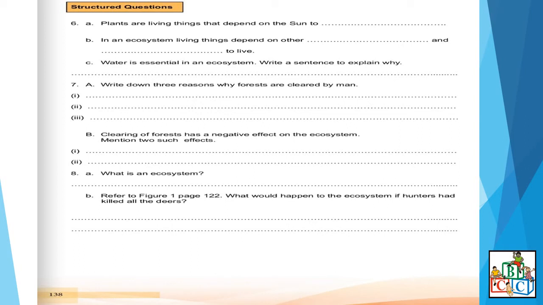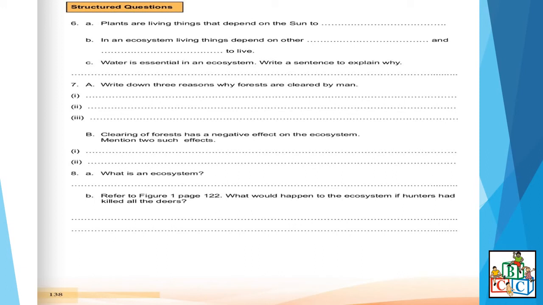For example, the first thing you can write is about how these animals living in forests will lose their habitat. Okay? And then you can write the second. What can you write more? What about the level of carbon dioxide? What may happen?